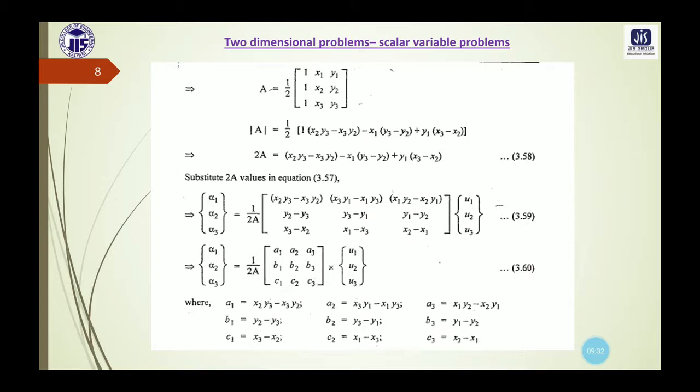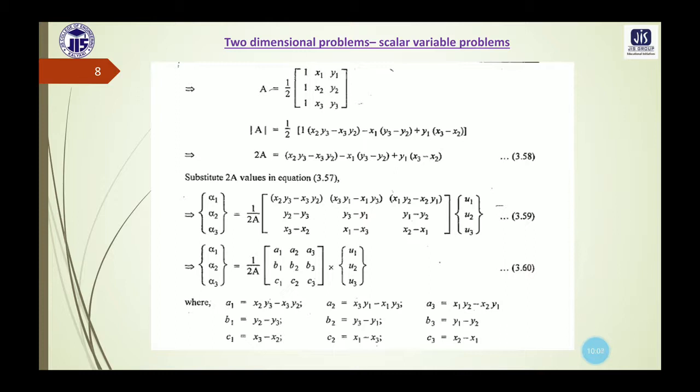So 2a equals x2 y3 minus x3 y2 minus x1 into y3 minus y2 plus y1 into x3 minus x2. So this is our equation number 3.58, which is the equation for the area of this triangular element.